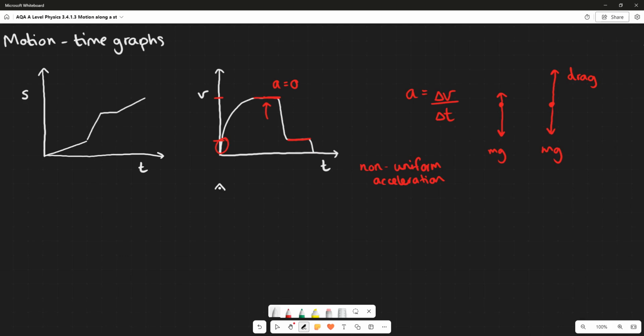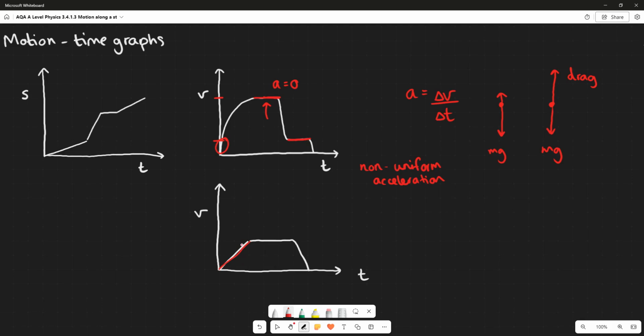An example of uniform acceleration might be a vehicle. So a vehicle might accelerate, drive at a constant speed, and then decelerate for some traffic lights. We've got a straight line graph, and that tells us that the acceleration is constant.